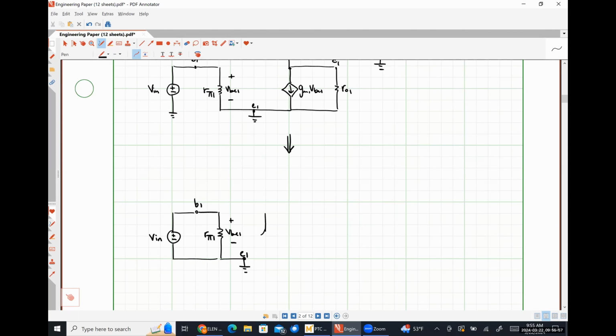Over here on this side, I have GM1 VBE1. Give myself plenty of room for all those resistors in parallel. This is going to look like R naught 1 in parallel with R naught 2 in parallel with R pi 2.